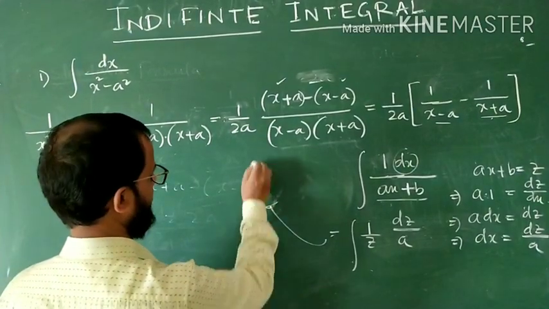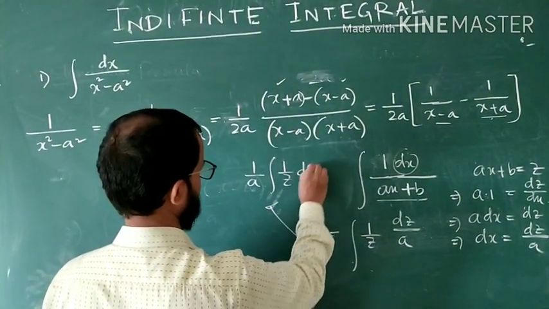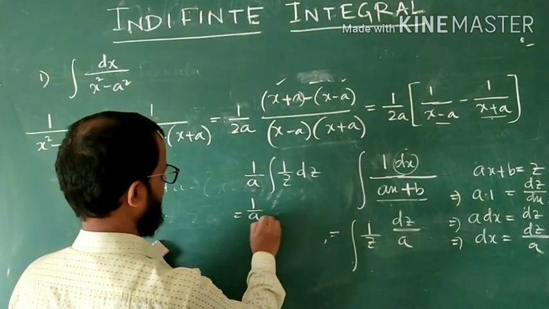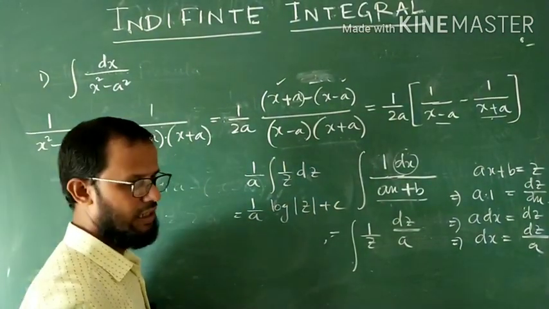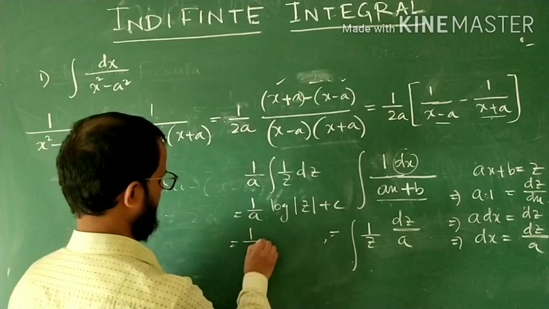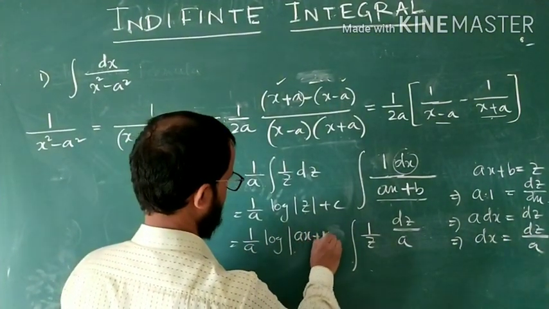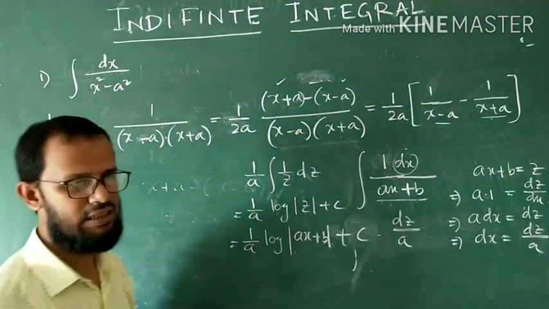It can be written as 1 by a integration 1 by z dz. And finally you can write 1 by a log modulus of z plus c. And what is z? z is ax plus b, so 1 by a log ax plus b. Very very interesting results.